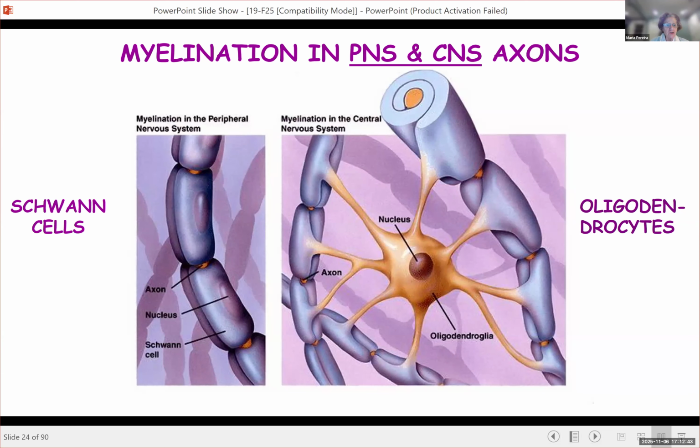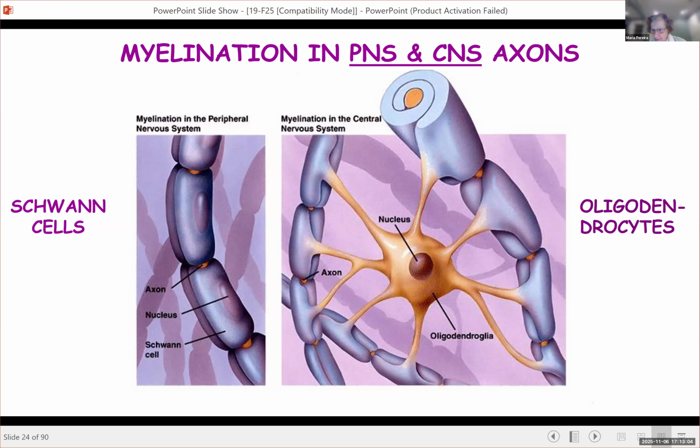So this Schwann cell is totally dedicated to just this section of the axon. Here in the central nervous system, we see one oligodendrocyte with these projections that go in direction of more than one axon and more than one section of the axon.